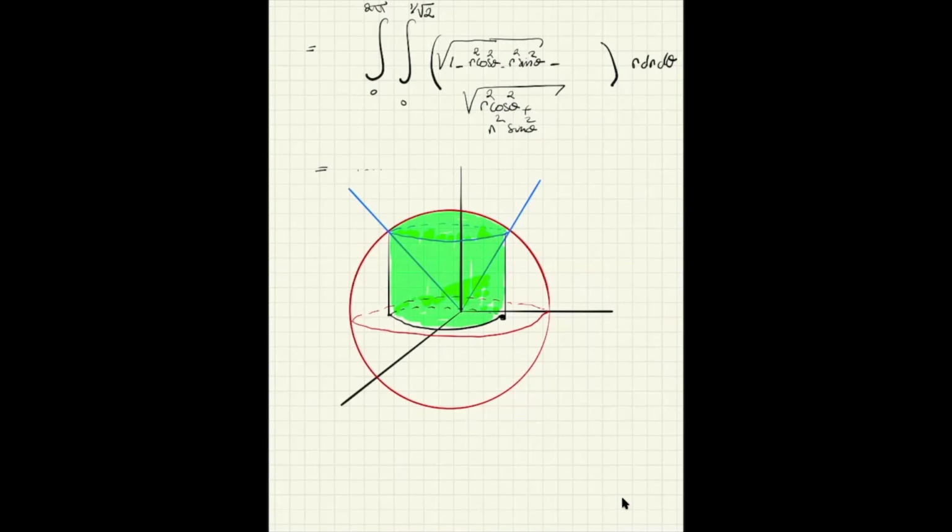We took that one and then we removed the one under the cone.